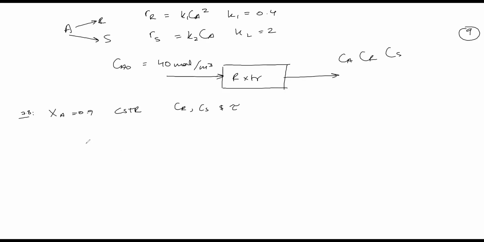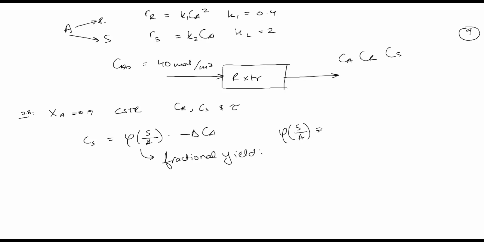So if you recall from the slides, we said that CS is equal to phi of S over A multiplied by minus delta CA, where this expression here is your fractional yield. And again, phi of S over A is equal to dCS divided by dCR plus dCS, or dCS divided by dCA, whichever way you want to put it.